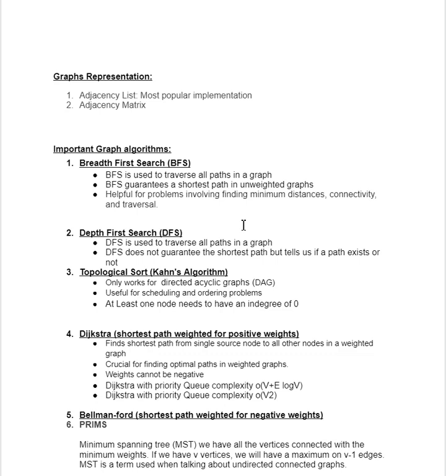BFS guarantees that it can find us the shortest path in unweighted graphs if we want to travel from node A to node B. So usually BFS is helpful in problems like finding minimum distances, checking if A is connected to B, and traversing different paths in a graph.